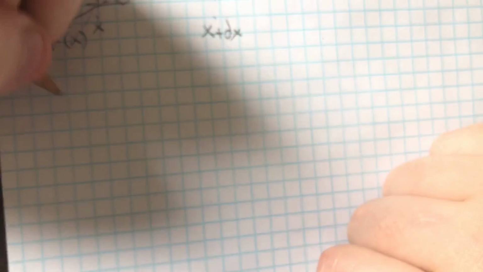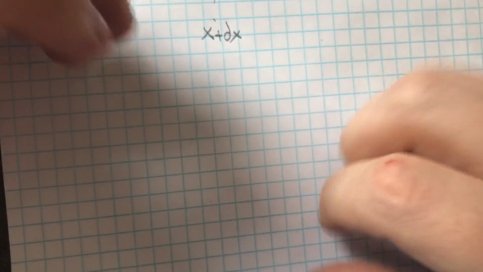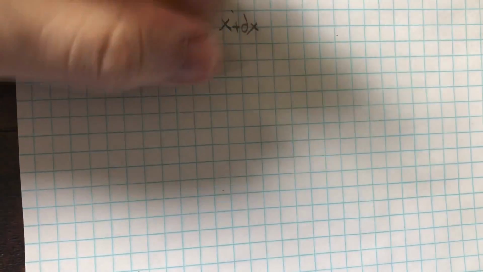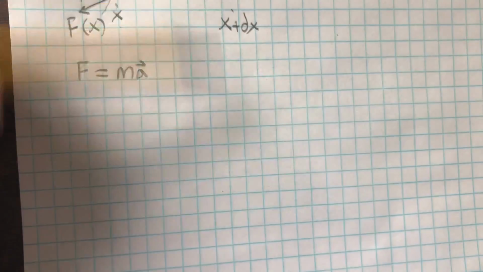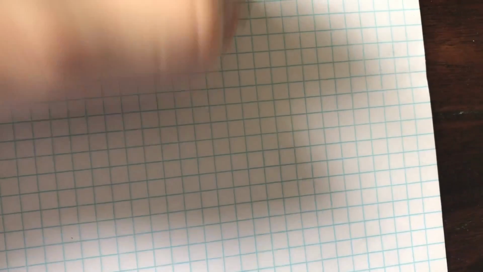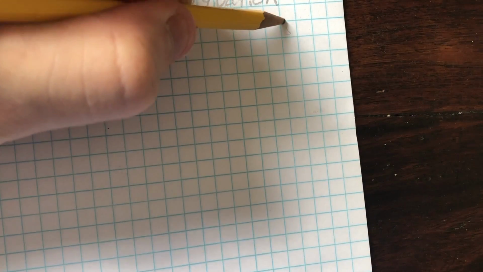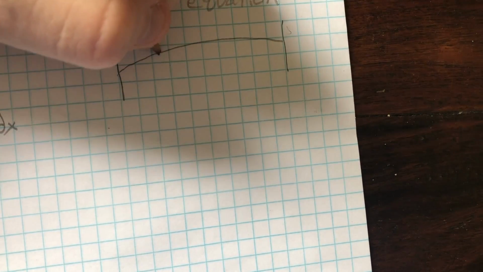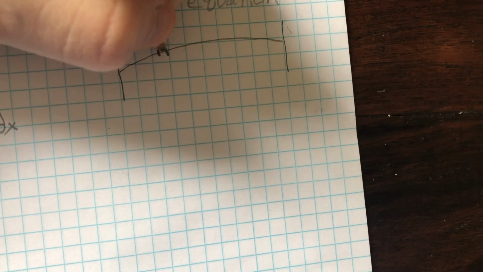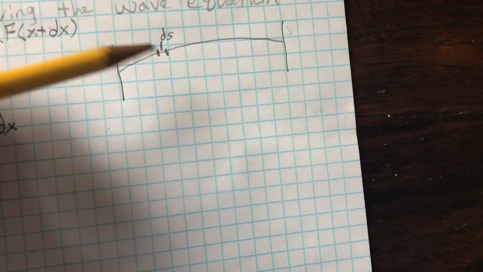Now that we have that, we're going to apply Newton's second law. So then we do that, but in this problem, we only have acceleration in the y direction. So our string, our grand total string, and this is the ds, right?